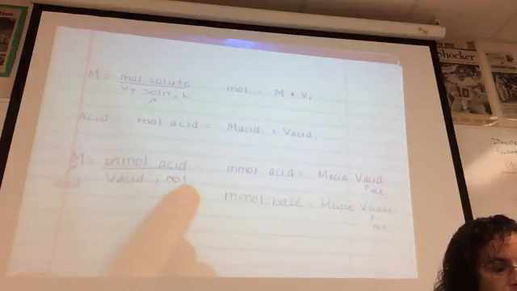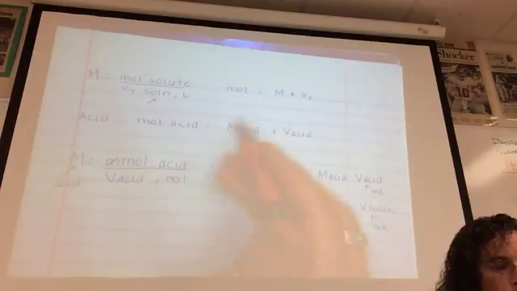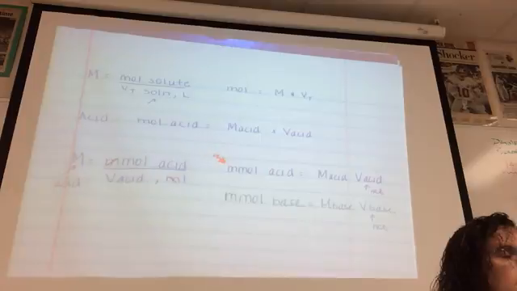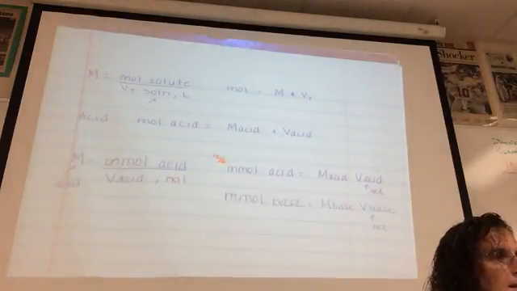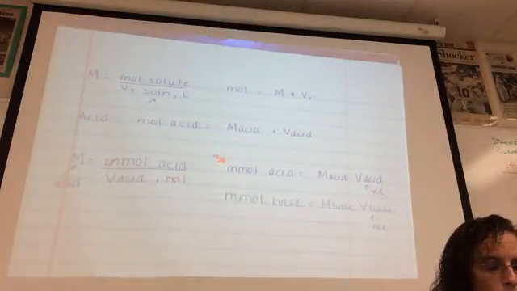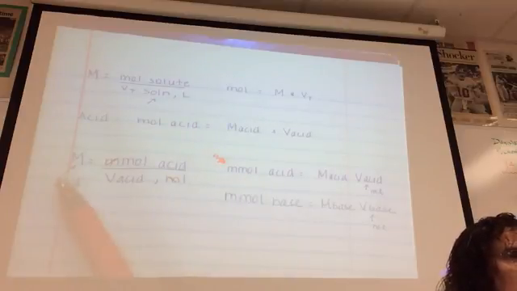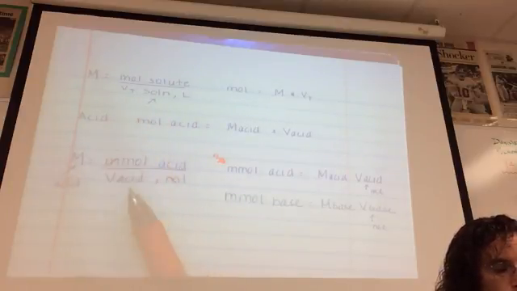Mm-hmm. So they are the same. I'm saying go after millimoles if they give the volume in mLs, because you won't have to do any type of conversion. So if they give you mLs of the acid, just multiply it by the molarity. That gives you millimoles, not moles. But they look identical, and the only thing that's different is you have milli here and here. Okay. All right?